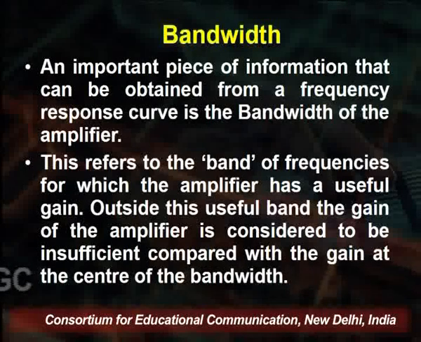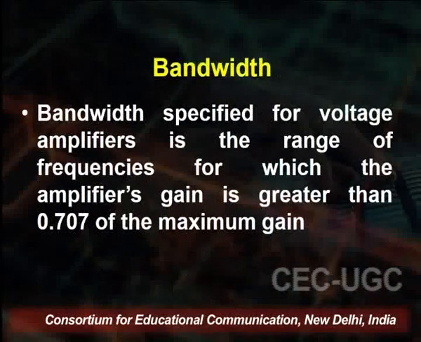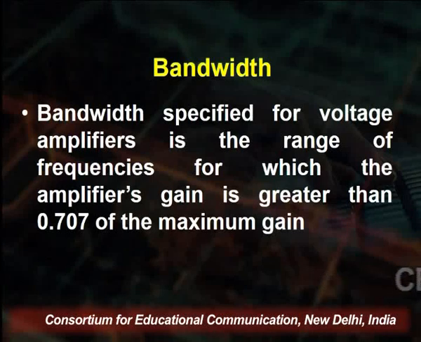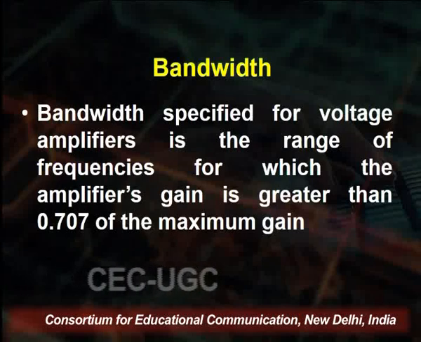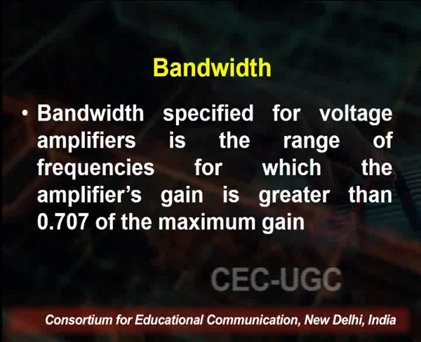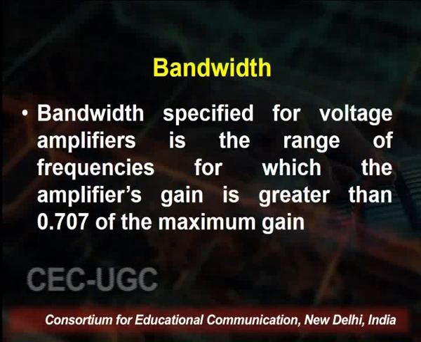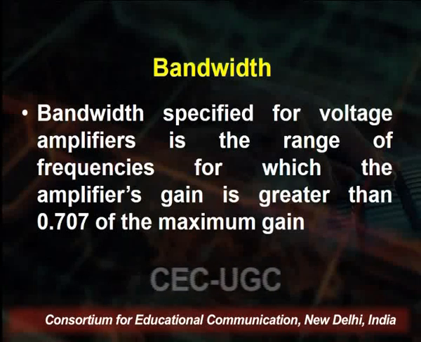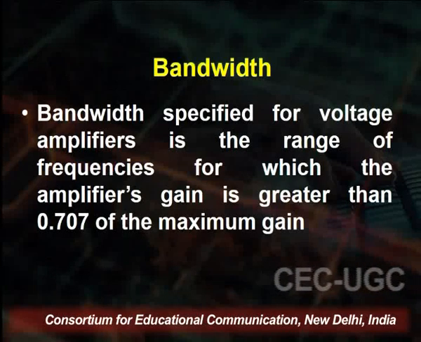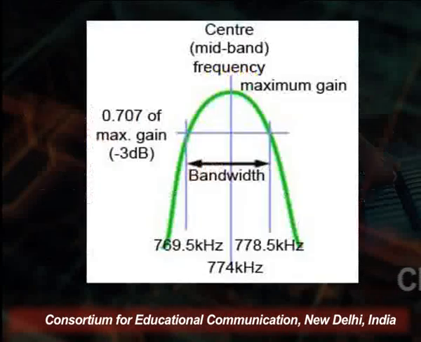Outside this, the gain of the amplifier is considered insufficient compared to the gain within the bandwidth. So the bandwidth specified for a voltage amplifier is the range of frequencies for which the amplifier's gain is greater than 0.707 of the maximum gain.